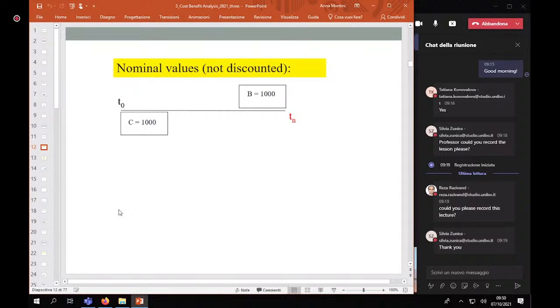Okay? And I have to find a way to calculate the present values. Once I have calculated the present value, I will have the possibility to calculate the net benefit.